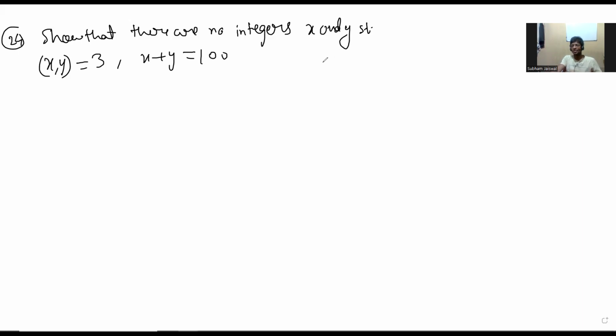And in fact, we also know that the converse is true: if the GCD is 1, then there will be a solution. Or if the GCD is 3 and this side is a multiple of 3, then you can cancel 3 and convert it to a situation where the GCD is 1, and then there will be a solution. That's the thing we showed.